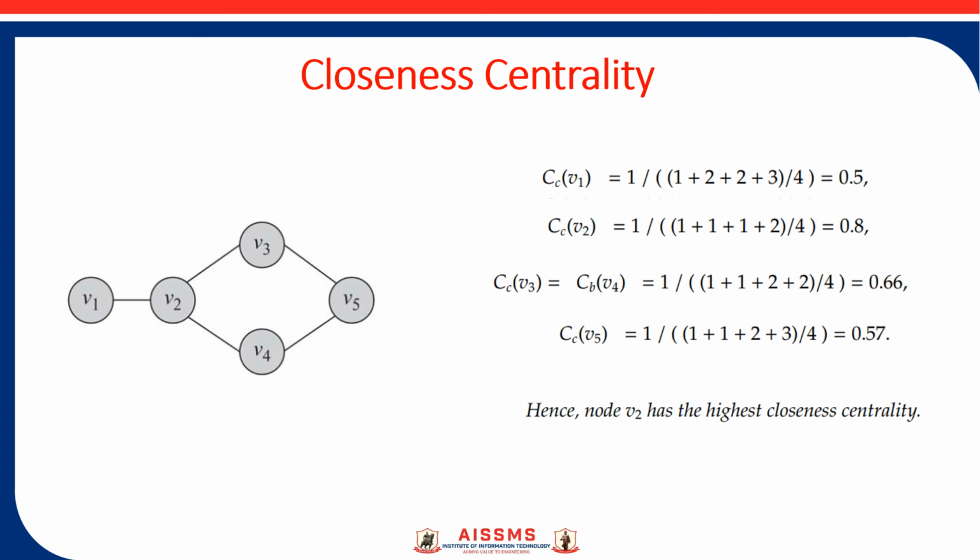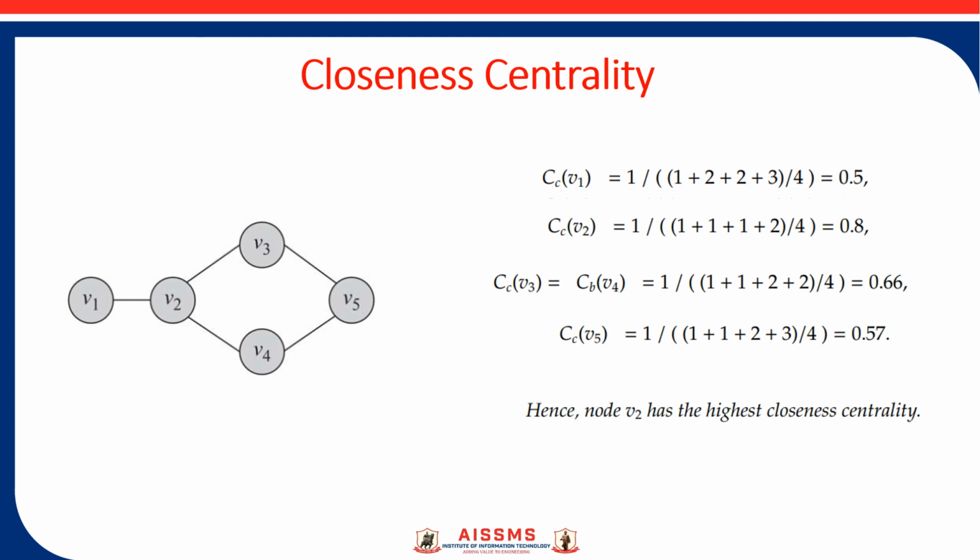Similarly, we calculate the closeness centrality of each and every vertex, and from this we come to know that v2 has the smallest average shortest path length, so it gives the highest centrality for the network.